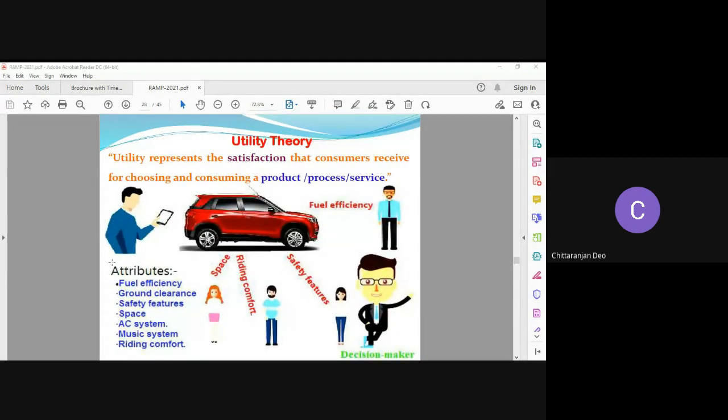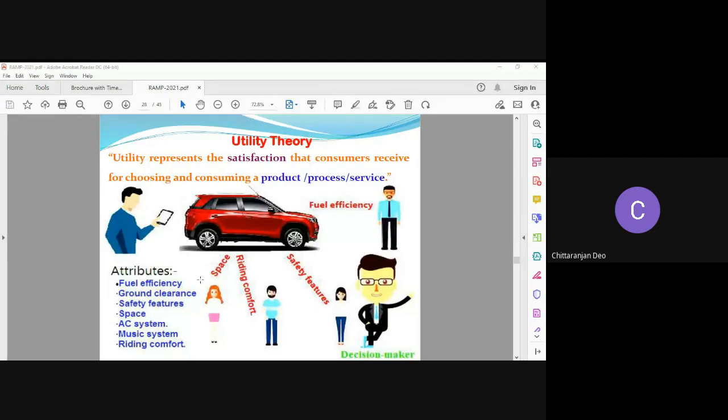The attributes are fuel efficiency, ground clearance, safety features, space, AC system, music system, riding comfort. These are the attributes, and different people give their importance to different attributes.